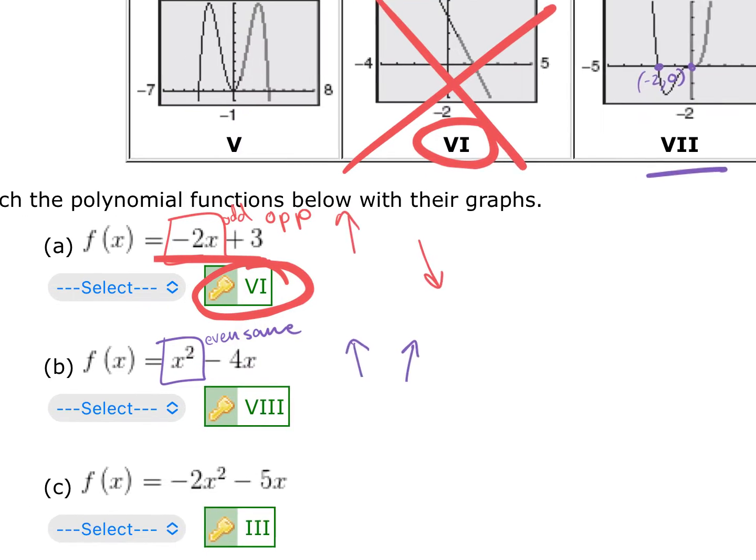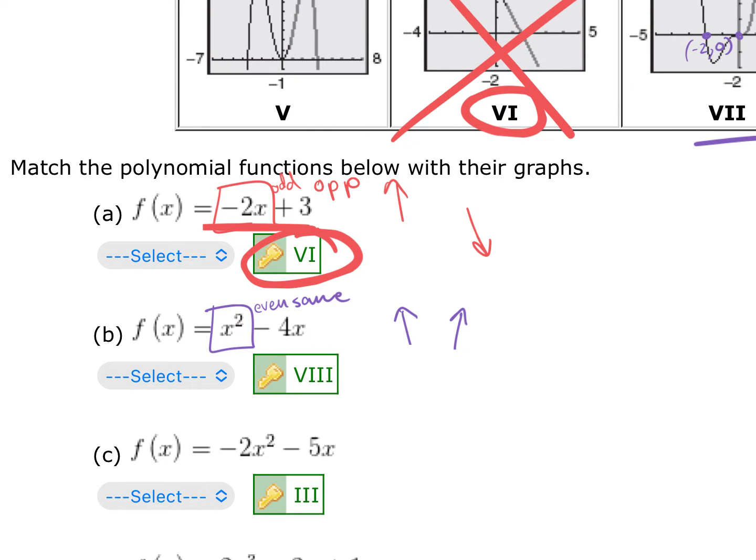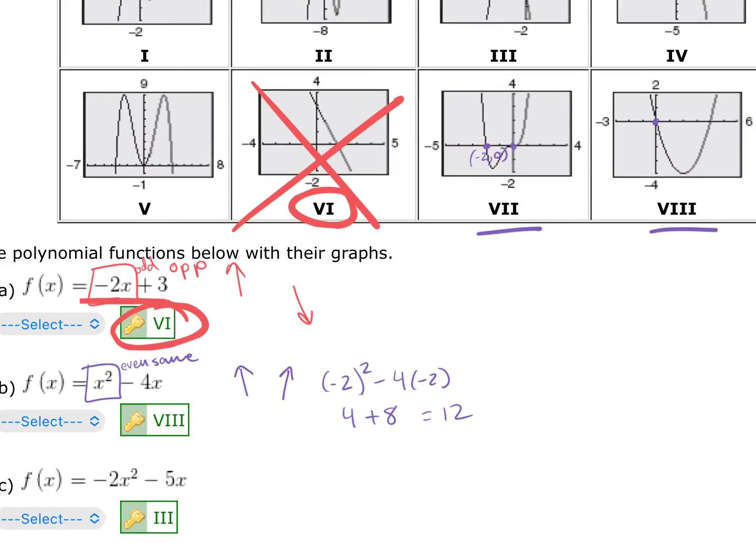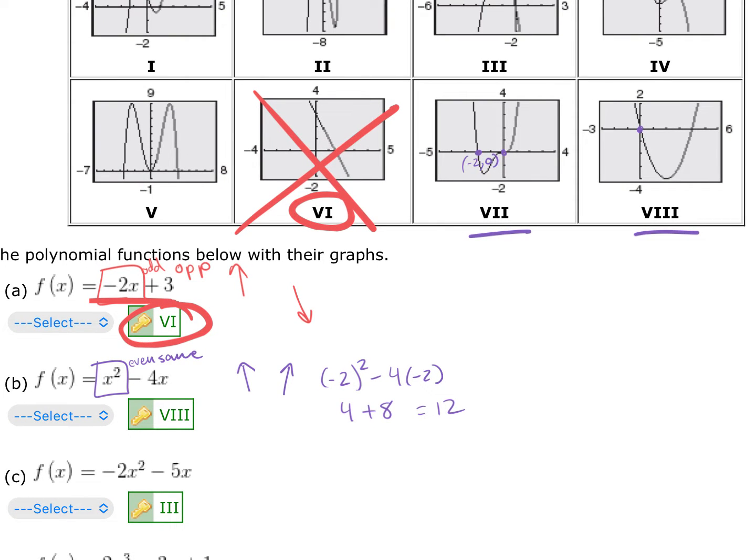We're testing out 7. So I have negative 2 squared minus 4 times negative 2. This would be 4 minus negative 8, which is 4 plus 8, which is 12. So when I plugged in negative 2, I didn't get 0, I got 12, which is more like 8.